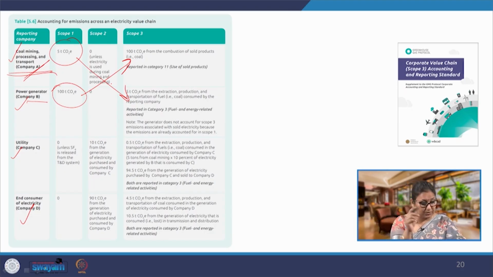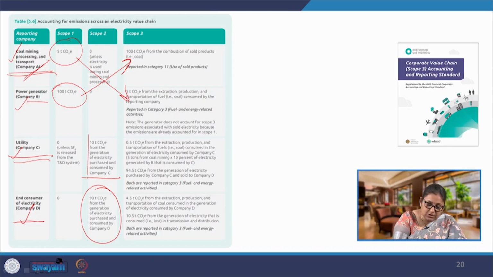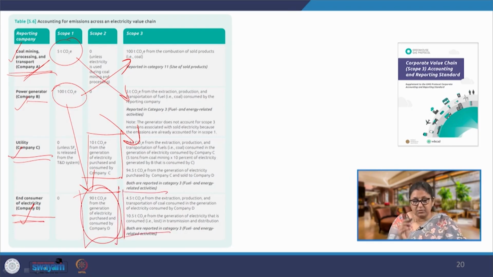For the end user, in this case the utility company is not using the electricity that it is purchasing, the 100 tons here. The scope 2 is only from the emissions which are accruing from the energy that is being consumed in the facilities of this utility company, and the rest is also going in scope 3 for this company. For the end user, because he is consuming this, it is going to be scope 2, and the rest is going to be scope 3.